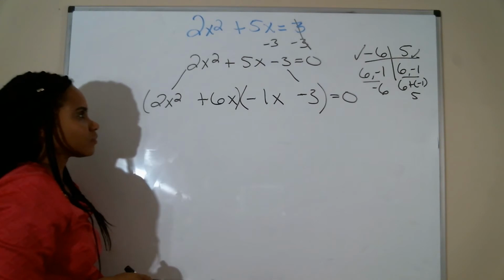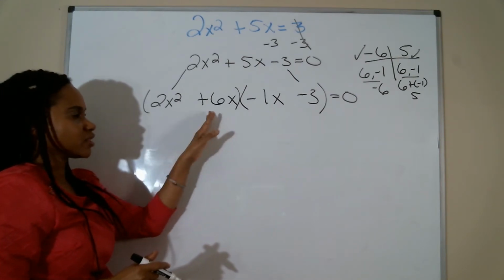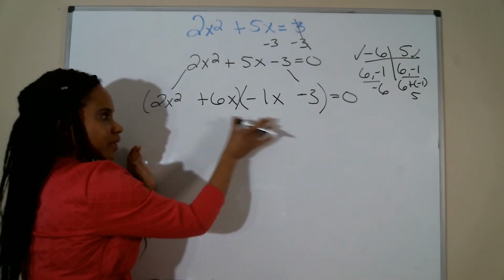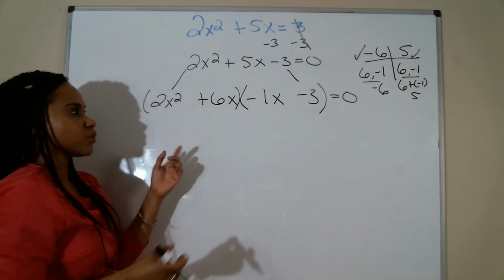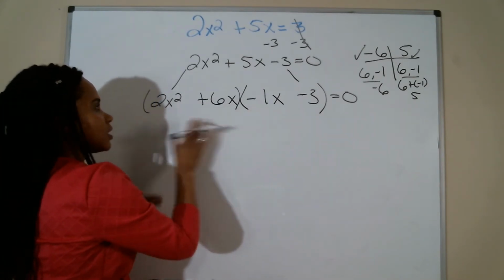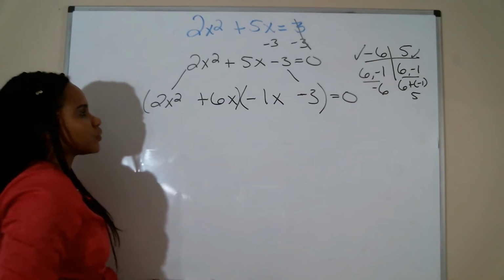Basically, I want to find the greatest common factor between each pair of terms. By binomial, I mean it has 2 terms. So right here, this is my first binomial.